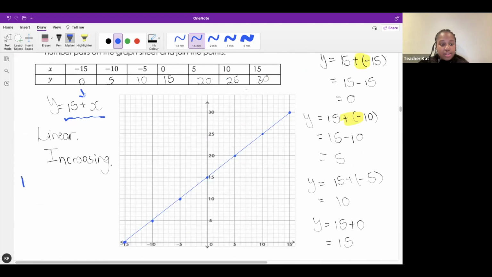So how do you guys think we can tell just from the formula whether it's going to be an increasing or decreasing graph? Anyone have an idea?